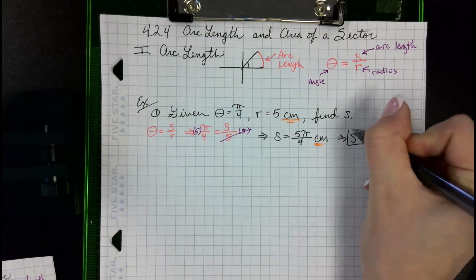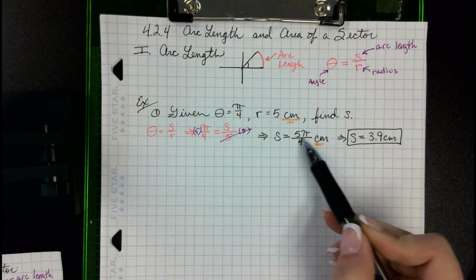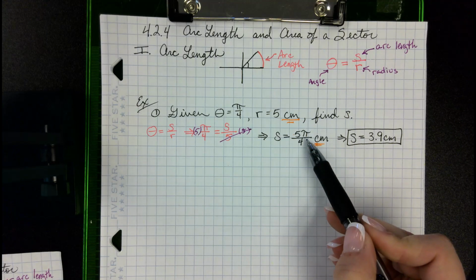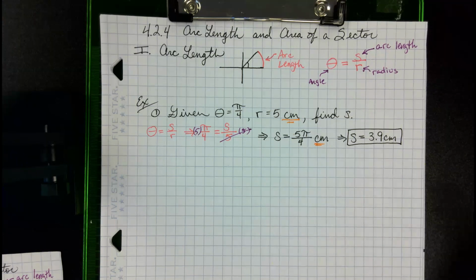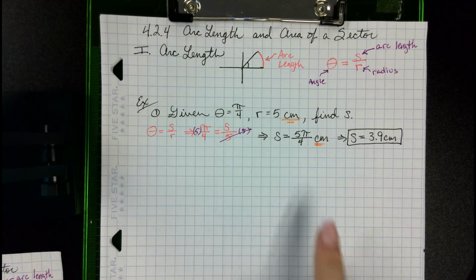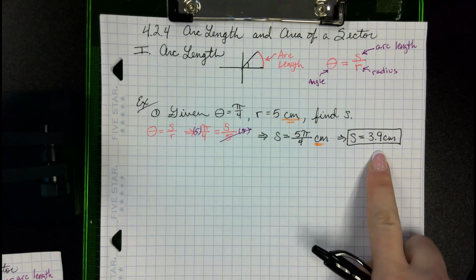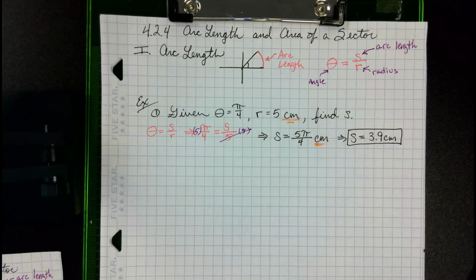So you're just going to type in your calculator 5 and then the pi button, divide by 4, and it will give you 3.9. If you do your input in the calculator as a fraction, it's going to give you the output as a fraction. So if you're looking for a decimal answer, you need to put it in as numerator divided by denominator for all of these. Okay?